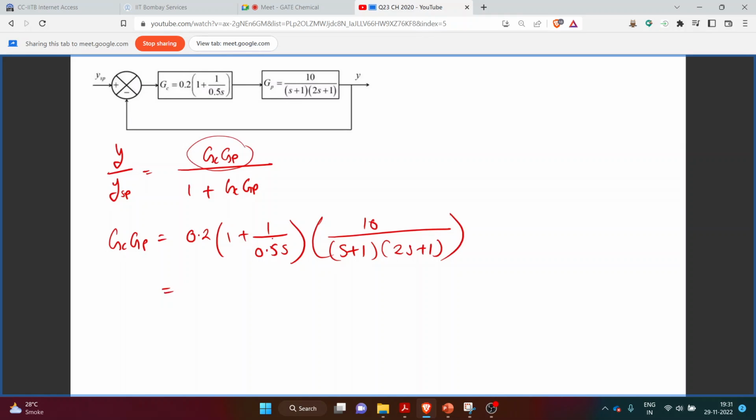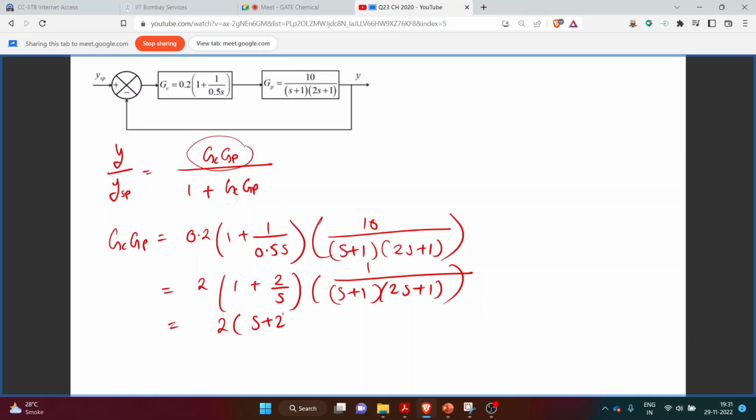So we can also write this as 0.2 into 10 will be 2. 1 upon 0.5 we can write as 2, so it will become 1 plus 2 upon s, times 1 upon s plus 1 into 2s plus 1.